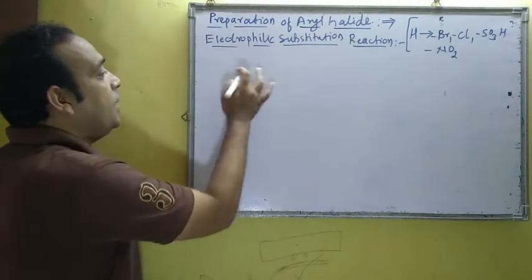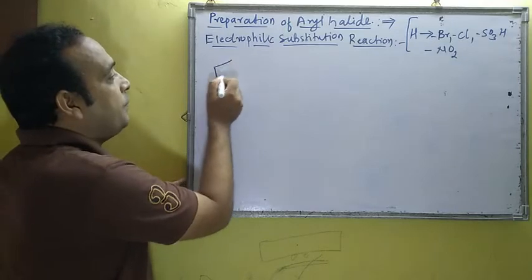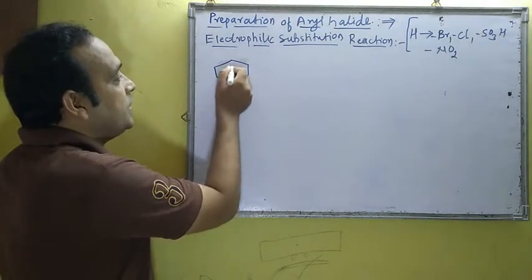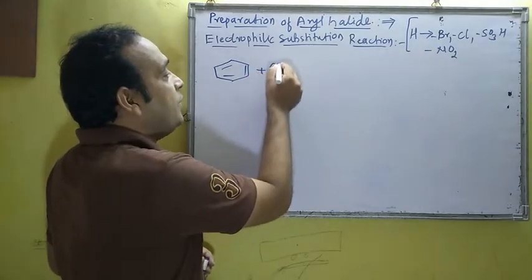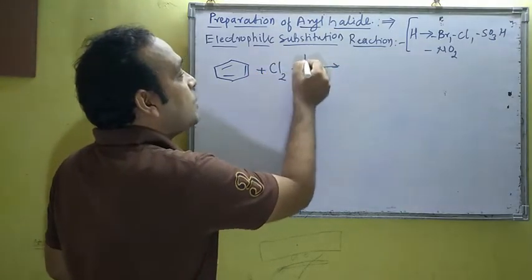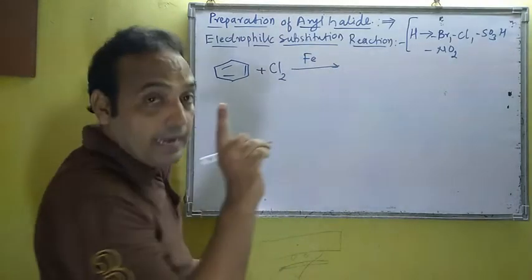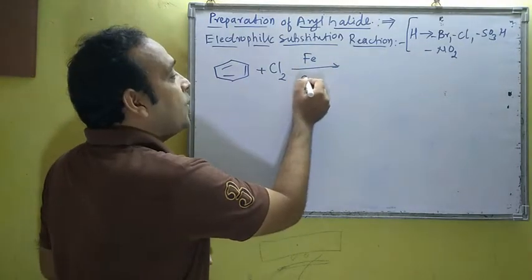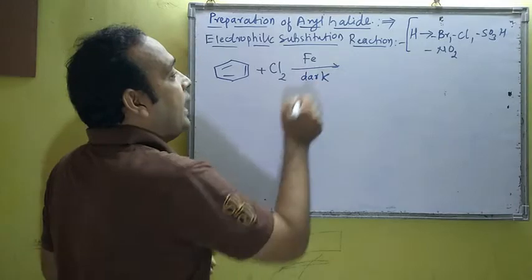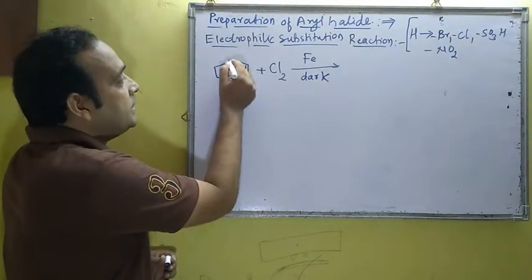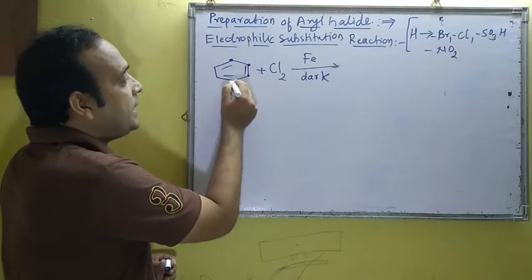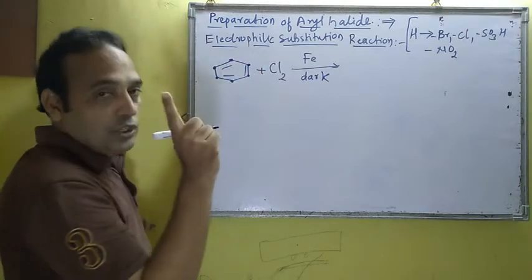Now I am writing here one example. Suppose benzene is given to you. Student, see, this one is your benzene. Benzene reacts with chlorine in presence of Fe, which acts as a catalyst, and the arrow condition given is dark, Fe in dark. Now in case of benzene there are 6 carbon atoms, and at each position one hydrogen atom is there.